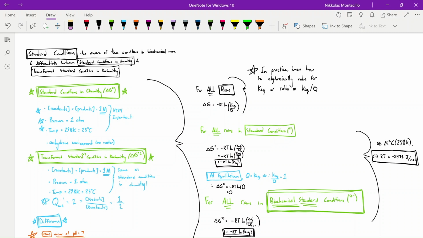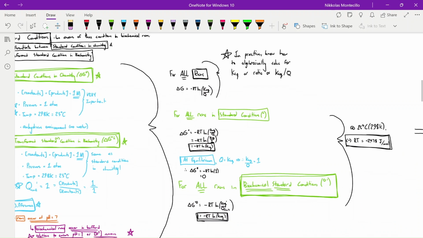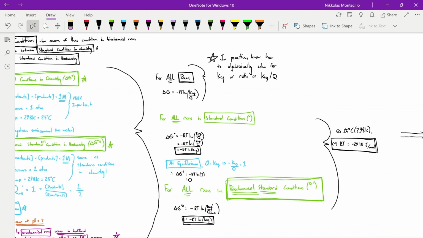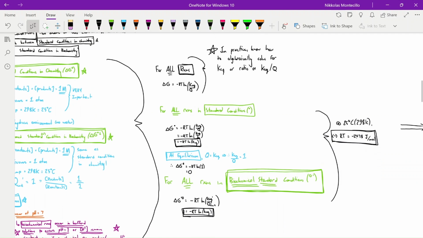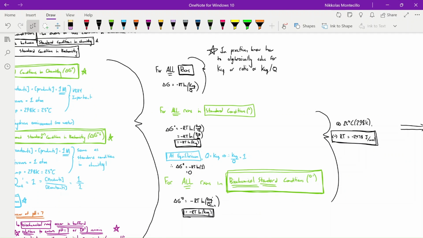Now, for all reactions at equilibrium, Q equals KEQ. If the ratio between the two is 1, then negative RT ln 1 gives you 0.